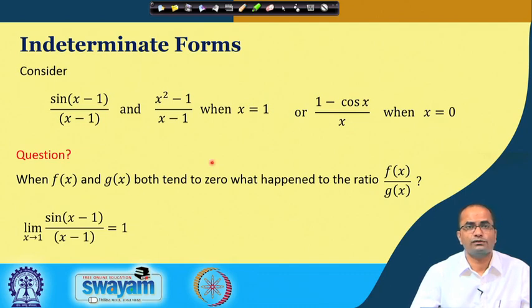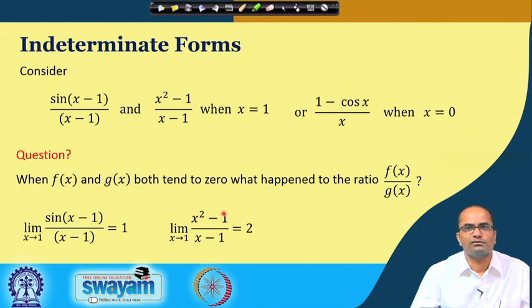In today's lecture we will see that, for example, for sin x minus 1 over x minus 1, we cannot simply substitute x is equal to 1 in this expression, but we can talk about the limit as x goes to 1, which will come out as 1. In the second case, x square minus 1 over x minus 1, one can simply cancel the x minus 1 from the numerator, because the numerator can be written as (x minus 1)(x plus 1).